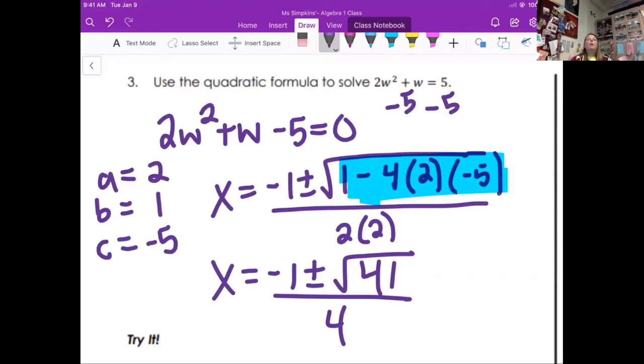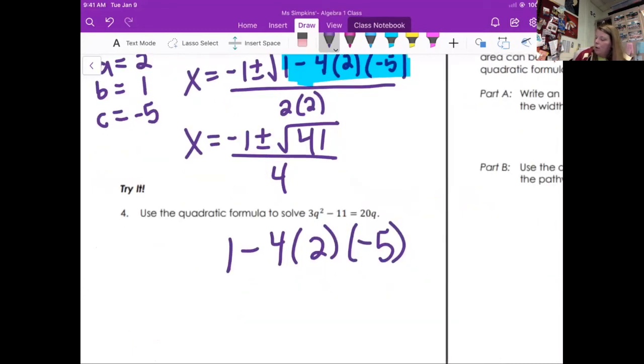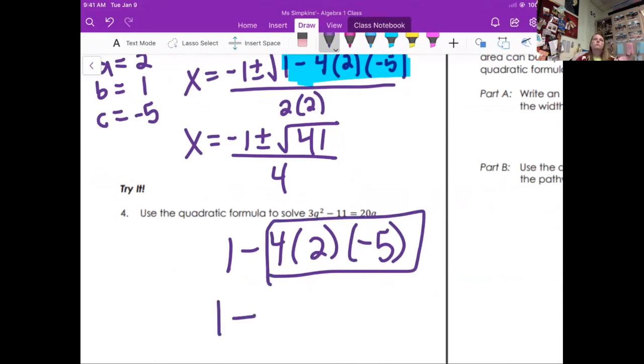So let's figure out 1 minus 4 times 2 times negative 5. Well, what is this equal to? Negative 40. So 1 minus negative 40 is 41.